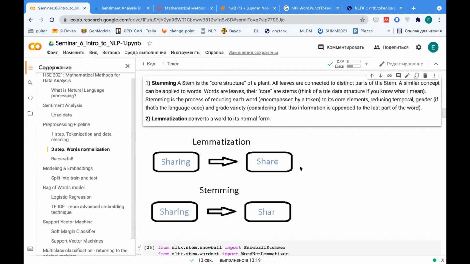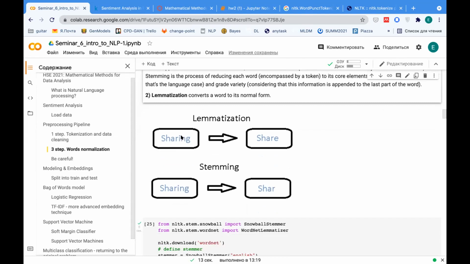And lemmatization is a completely different technique. Here we use the morphological structure of the word, and also try to check what the part of speech of this word is, and then convert the word to its normal form and save the part of speech.